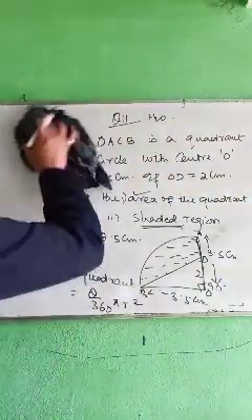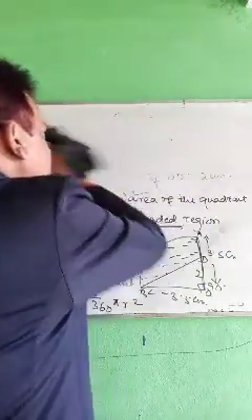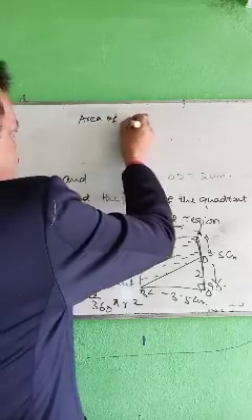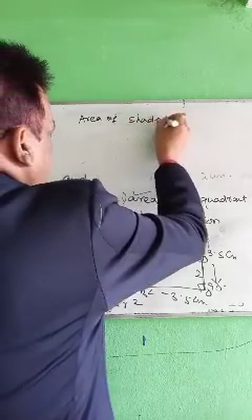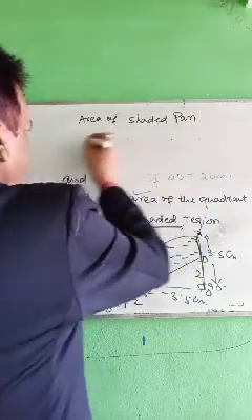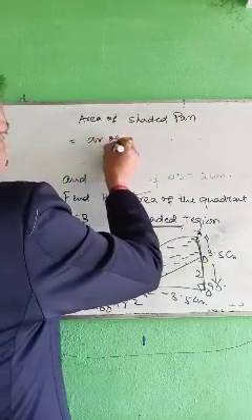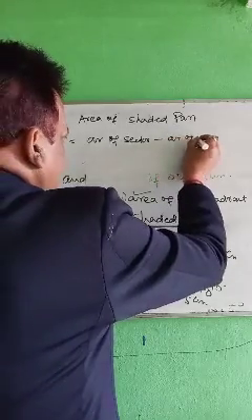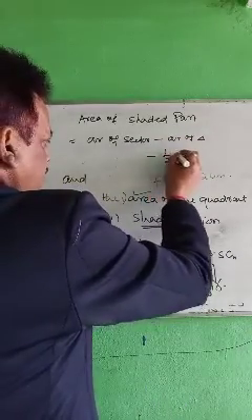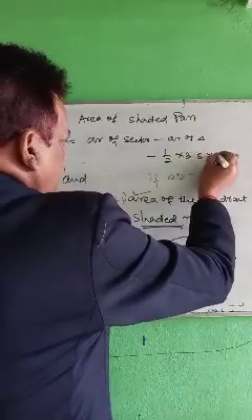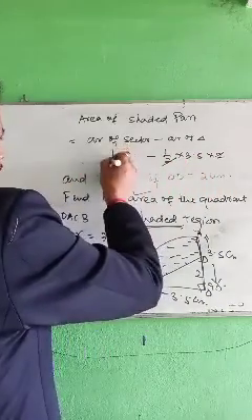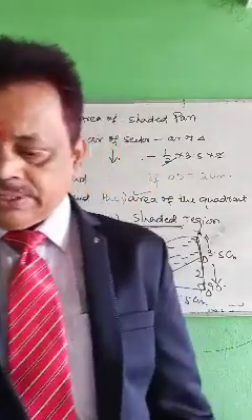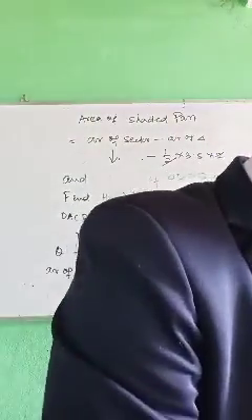The area of shaded part is area of sector minus area of triangle. Triangle means half into 3.5 into 2. The area of sector we'll get from here. Put it, solve it. Simple question, no need to solve in detail, you will do it.